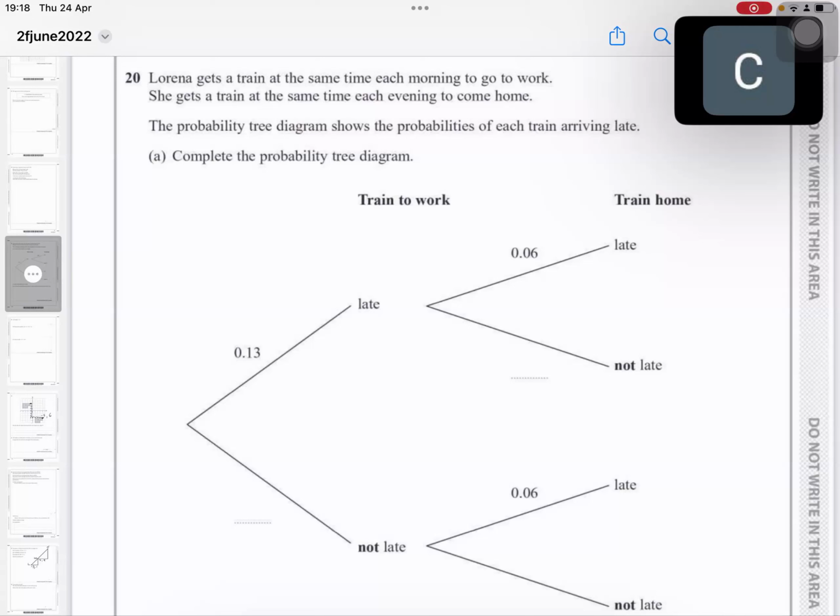Yes. Okay, so that's basically what you're doing. You're simply subtracting each one from 1. For each section of the diagram, it must add up to give you 1.